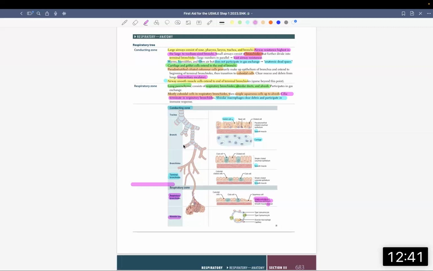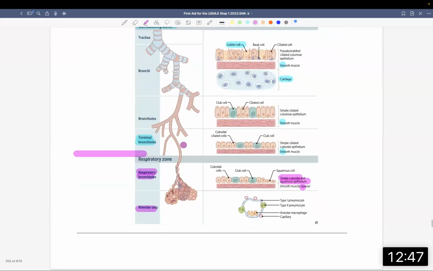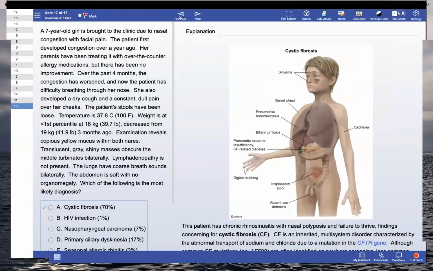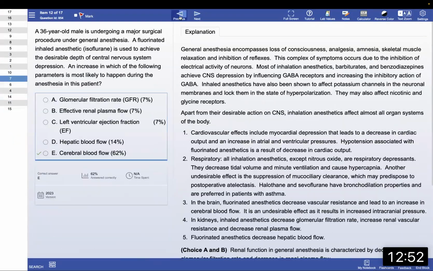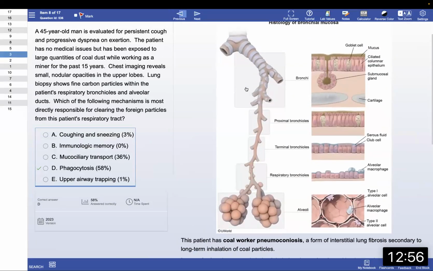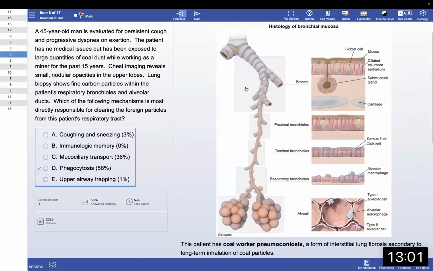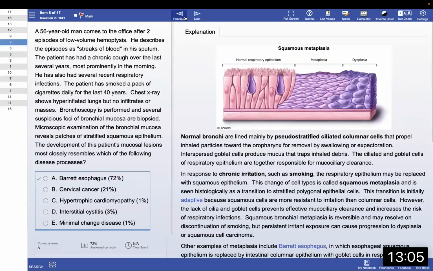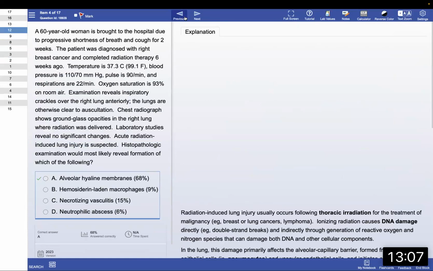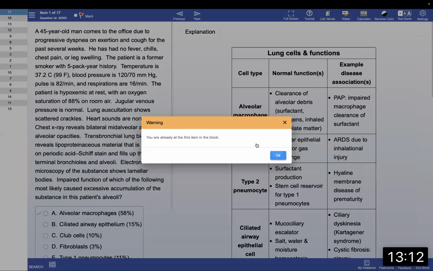Let me pull up that image also. But it's not high yield, so we shouldn't worry about it.